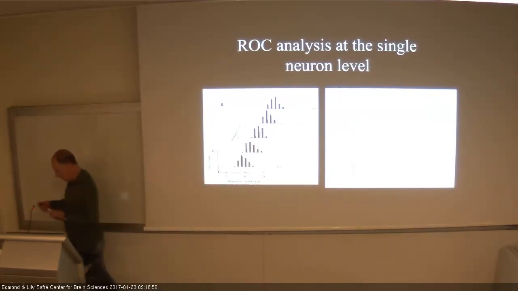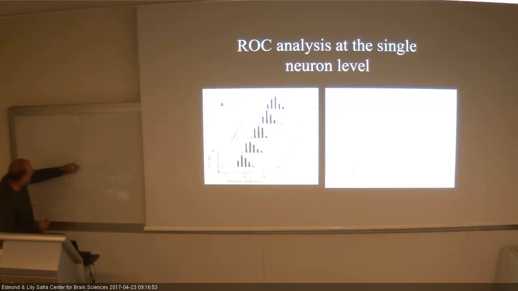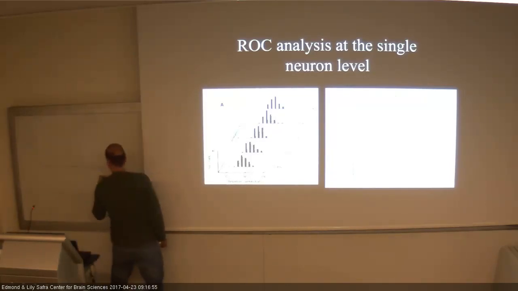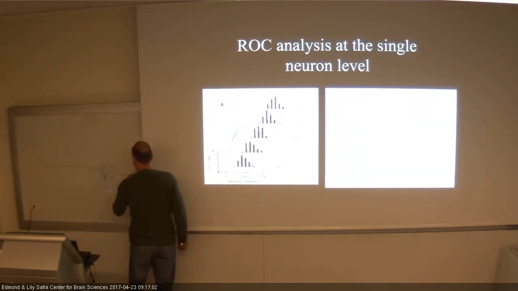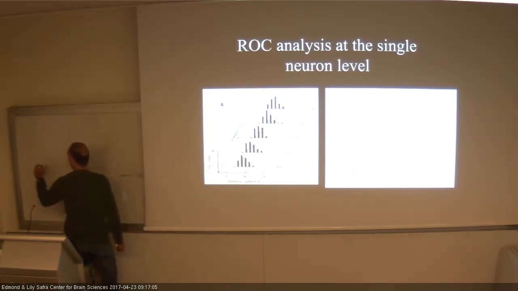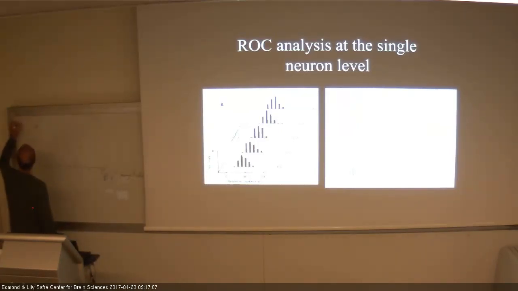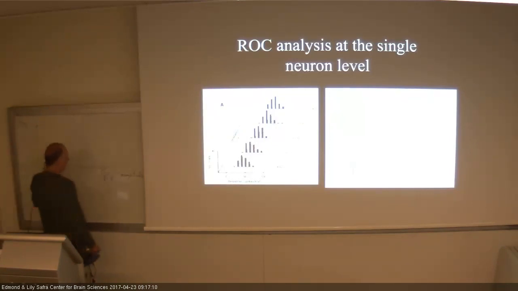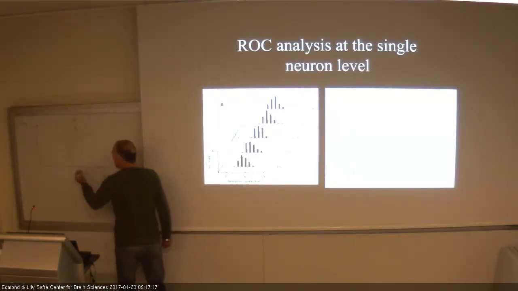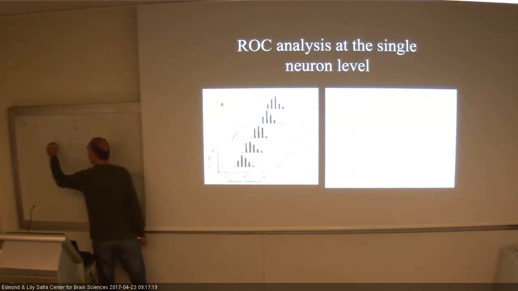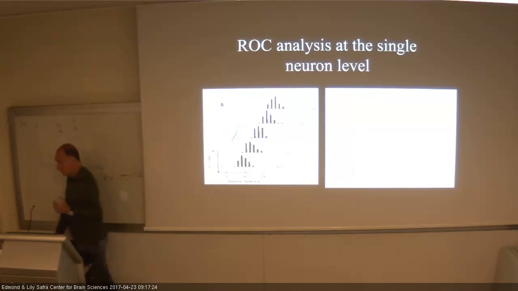So the x-axis here would be the blip magnitude of your signal, and the y-axis would be the frequency, the chance that you're going to get that magnitude. You have a distribution here for your signal. Generally, the signal is greater than the noise. That's for the noise. But one has to decide on a criterion.